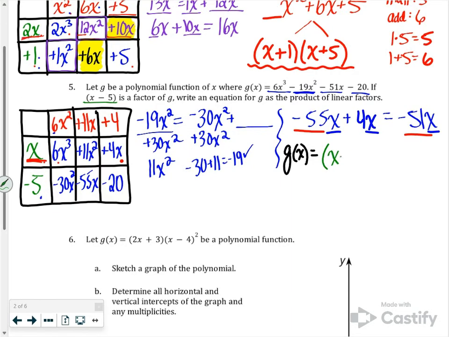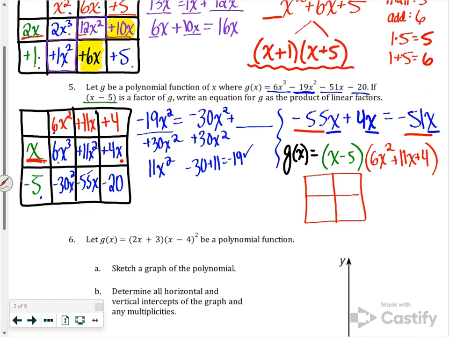We know x minus 5, and we also know 6x squared plus 11x plus 4. So the last step of this process is to figure out the factored form of 6x squared plus 11x plus 4. So that's going to be a plus 4.